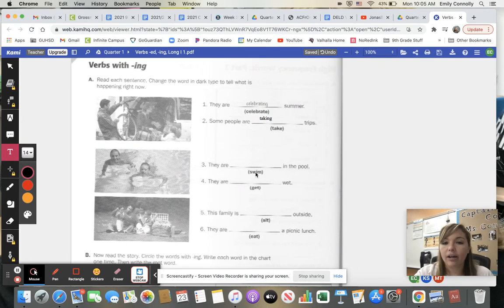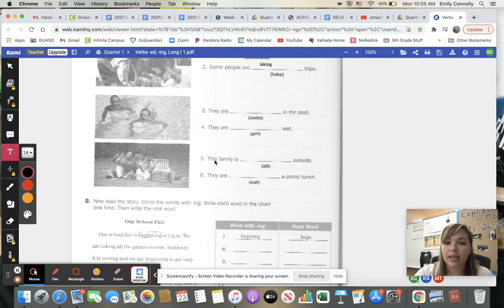They are swim plus ing, pone aquí, in the pool. They are get plus ing wet. This family is. Solamente una familia. So is.